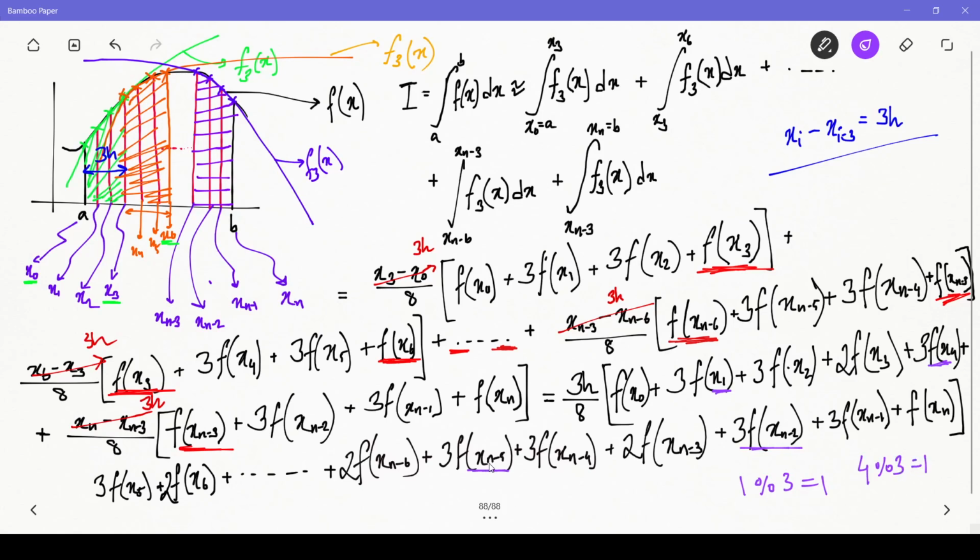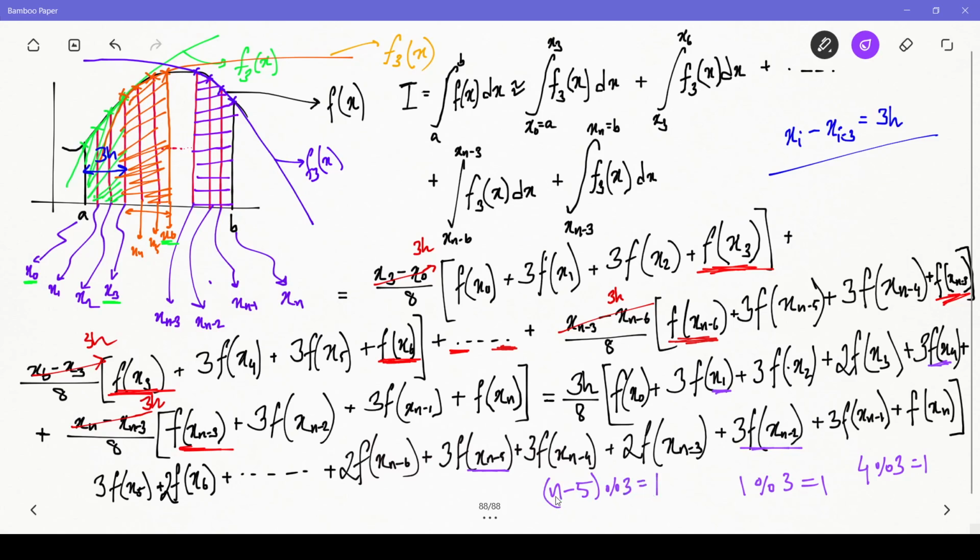Then we know that n is a multiple of 3, right? N is divisible by 3. If we subtract 5 from it, 5 is basically 1 less than 6, right? Since we're subtracting 5 from it, we can for sure say that if we perform n minus 5 mod 3, we will for sure get a value 1, right?